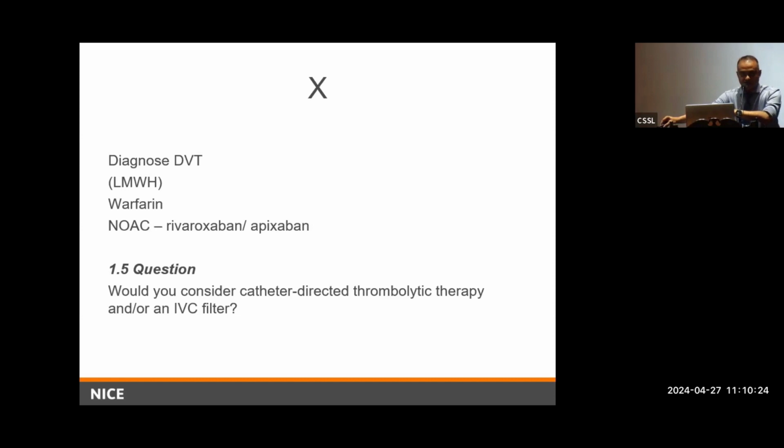But still, for all practical purposes, we treat acute DVT with low molecular weight heparin, generally 1 milligram per kilogram body weight, subcutaneous, given once a day or in certain cases twice a day.